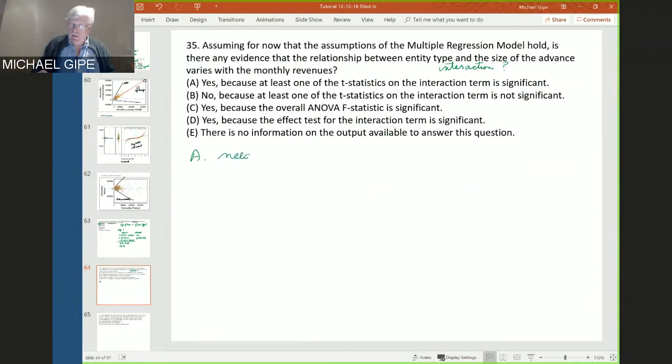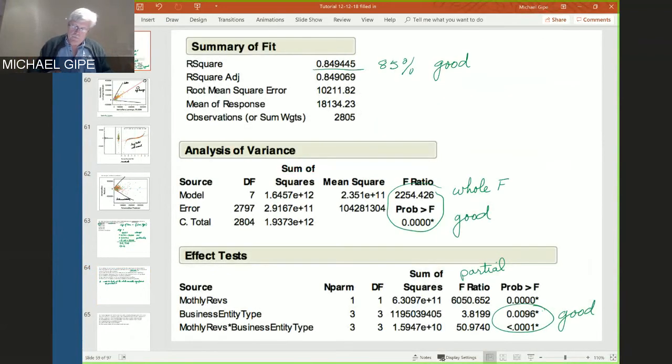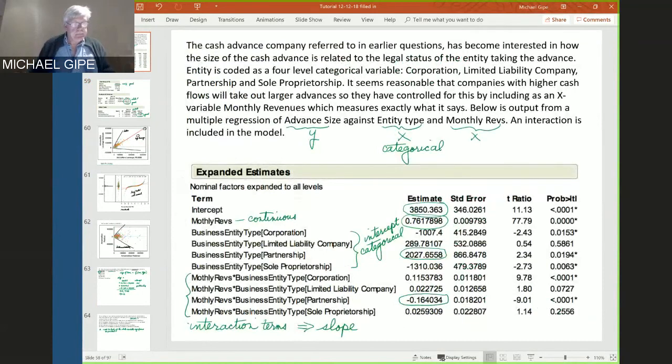Well, we need to look at the whole variable significance. So looking at one of the t-stats is not enough. We need to look at the partial F. So looking at the t-stats, for example, we've got entity type and size of advance varies with the monthly revenues.